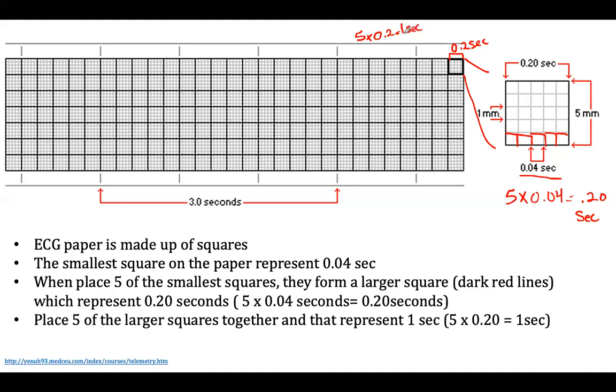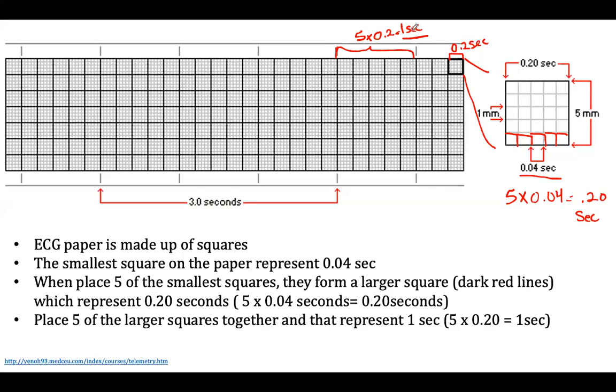You can think about decimal places; I'm not getting into the math part. So from here to here, this represents 1 second. The smallest box I have is 0.04, the large boxes are 0.2, and if I put 5 of those large boxes together, I get 1 second.